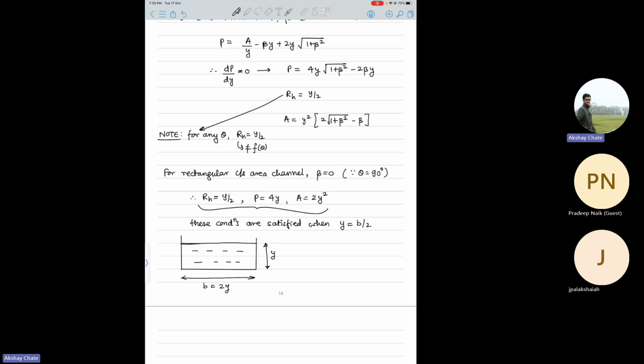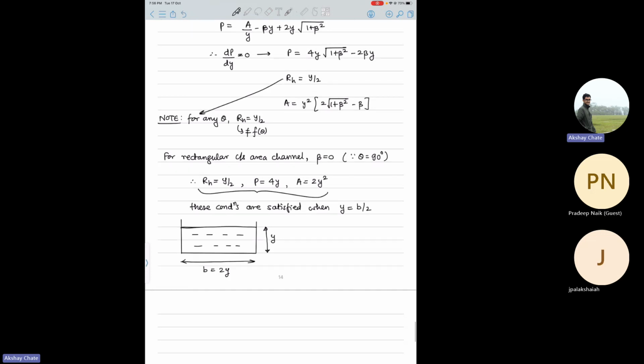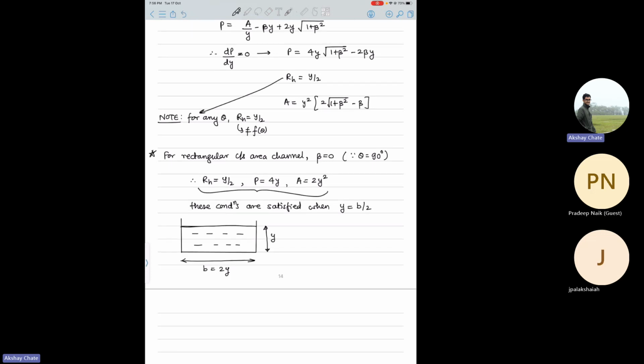That will be the best efficient cross-sectional area. You will have maximum flow rate and minimum frictional loss due to friction. I hope it is clear. This is a very important finding. This is asked in many competitive exams.